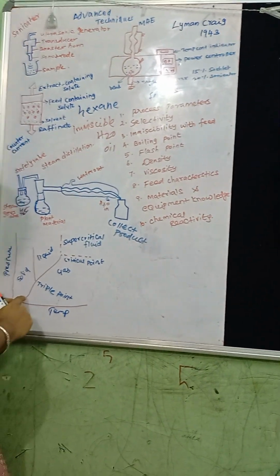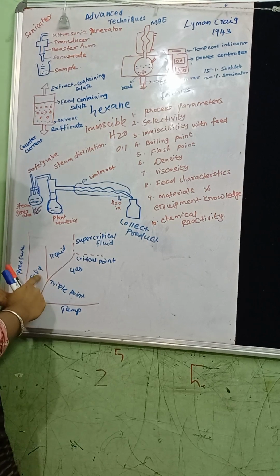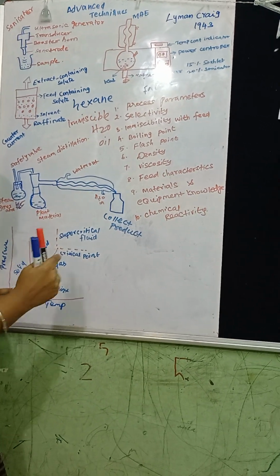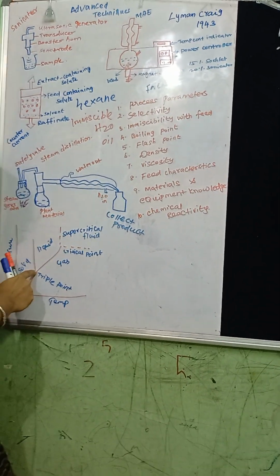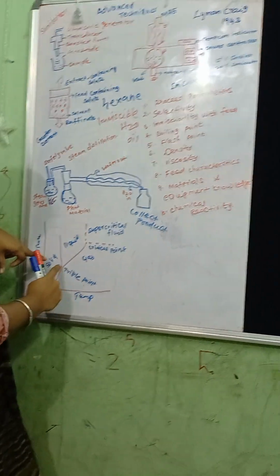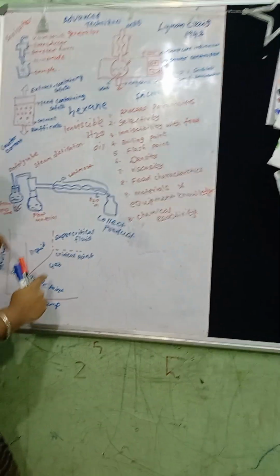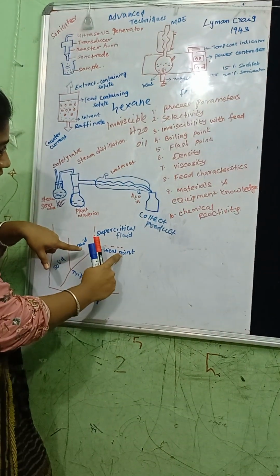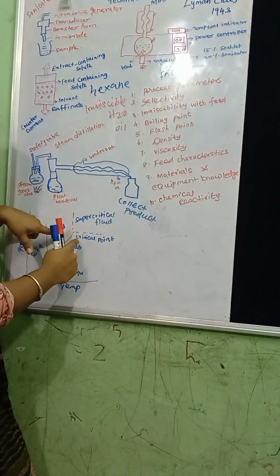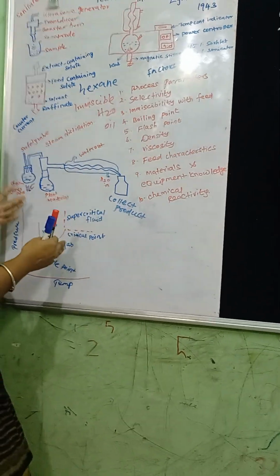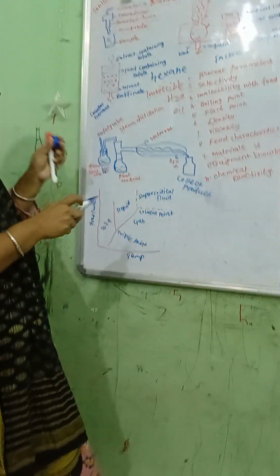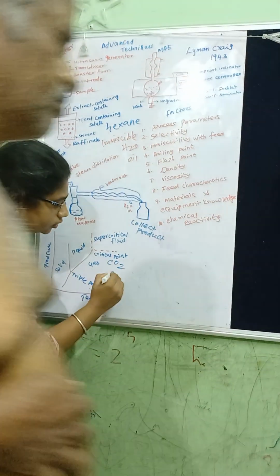Here there are three states, solid, liquid and gas. At this temperature and pressure, this is called the triple point. Here at this critical point, both liquid and gas behave as a liquid and a gas. The best examples are carbon dioxide and nitrogen.